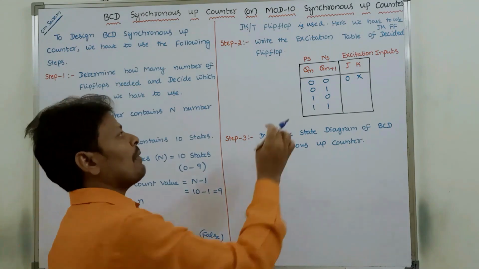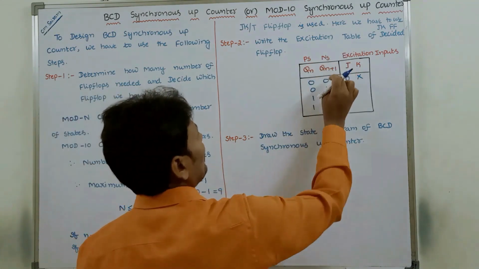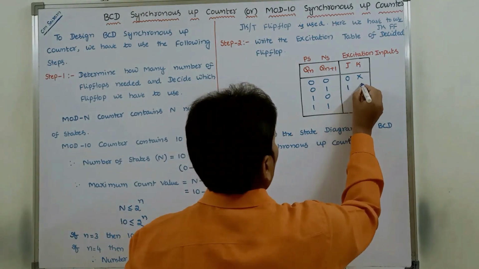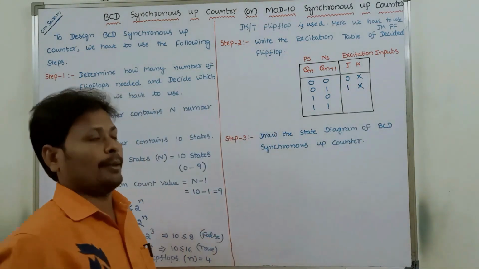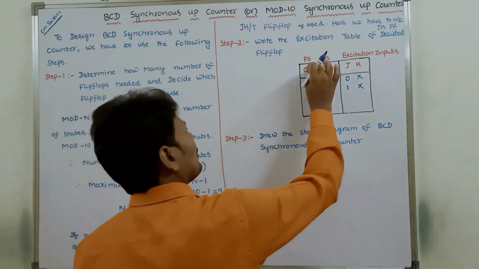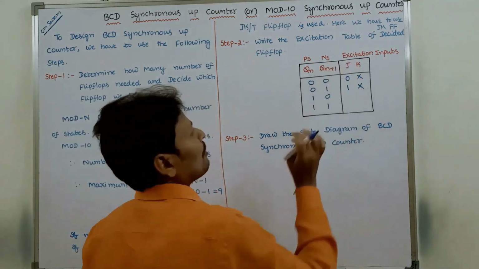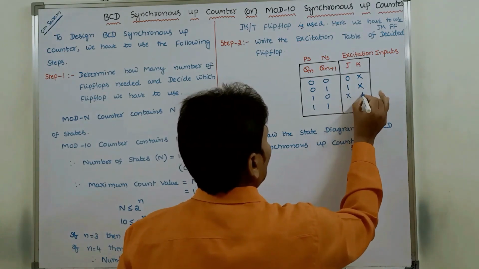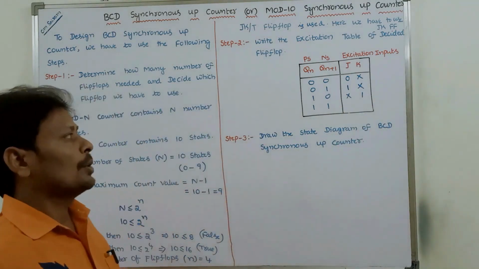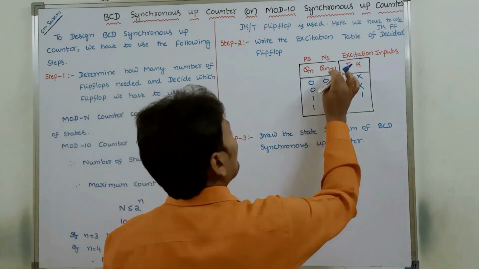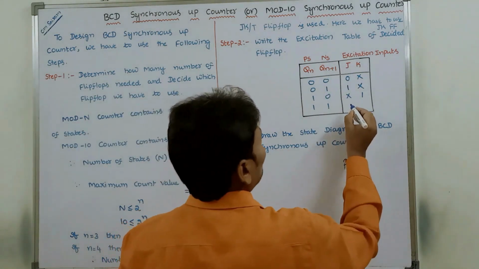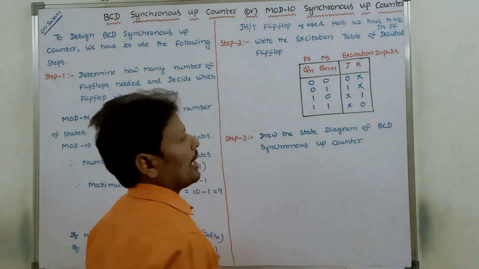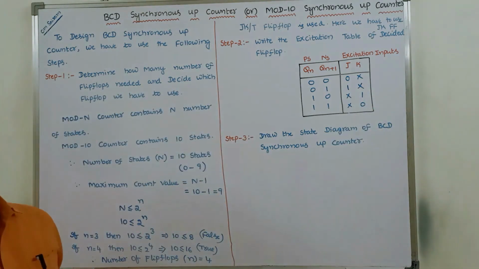Next, Qn is 0, Qn plus 1 is 1. The excitation inputs are 1 and don't care. Qn is 1, Qn plus 1 is 0. The excitation inputs are don't care and 1. Qn is 1, Qn plus 1 is 1. The excitation inputs are J don't care and K is 0.